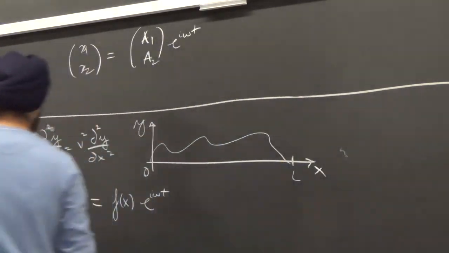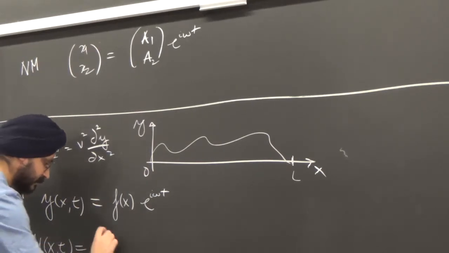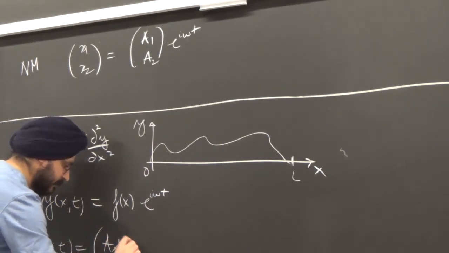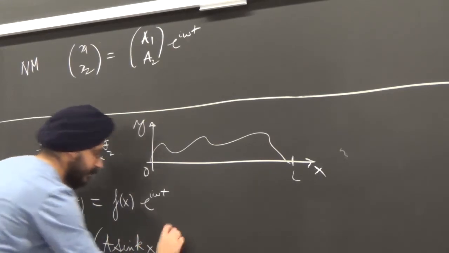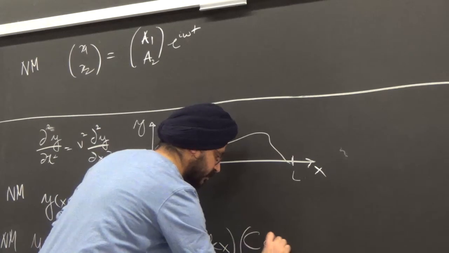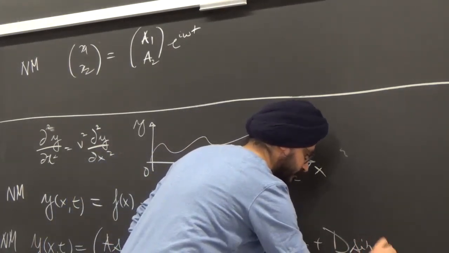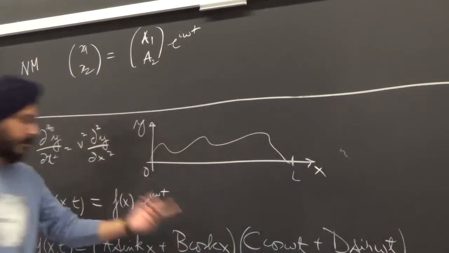You plug it back in, you solve for these normal modes. And as we solve, these normal modes come out to be (A sin kx + B cos kx) times (C cos omega t + D sin omega t). How are omega and k connected?